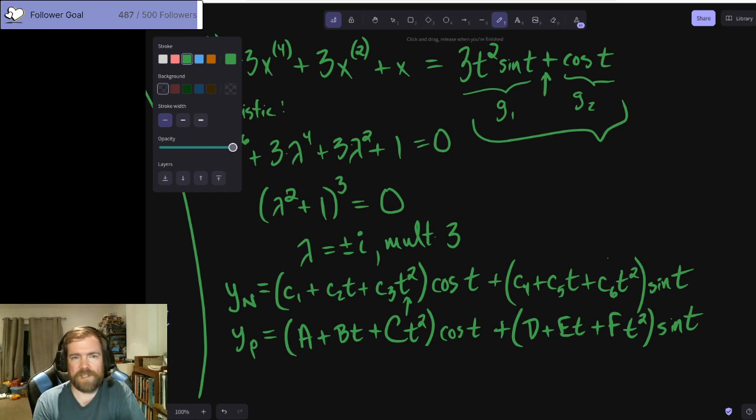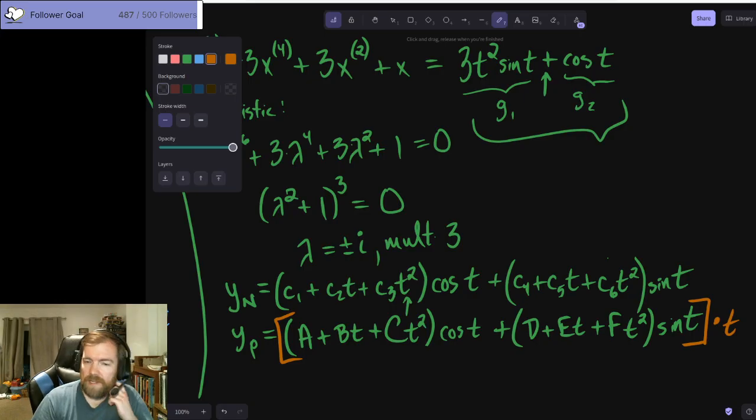So how do we fix that? We take the entire particular solution and multiply it by t to the, and again here we need to accelerate our constant terms higher than the highest term in our null space solution. So we can't use a t squared. We have to use a t cubed. So we have to multiply by t cubed in order to accelerate all these terms away from our null space solution.